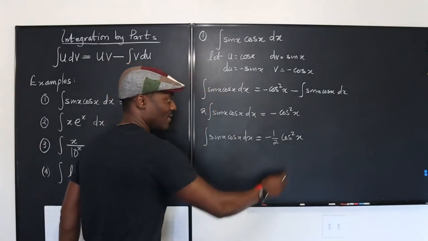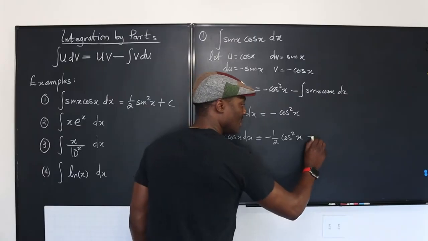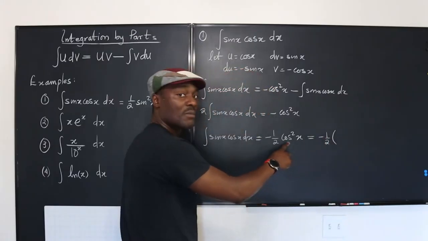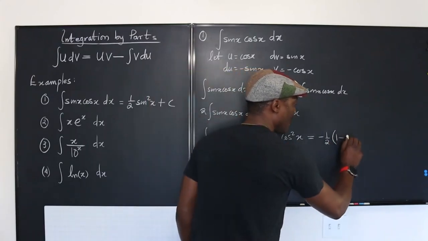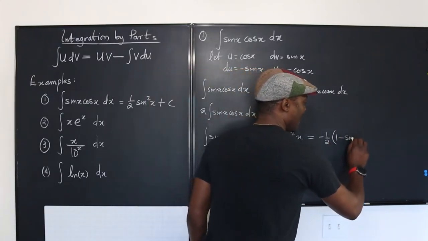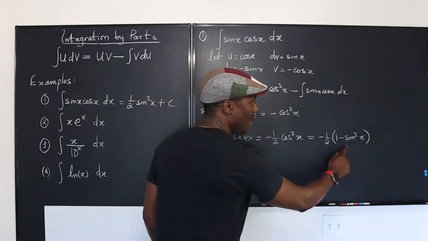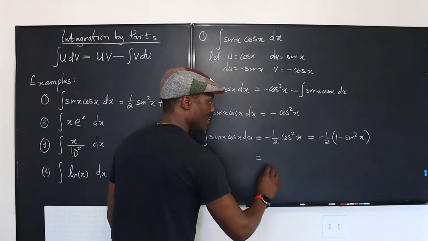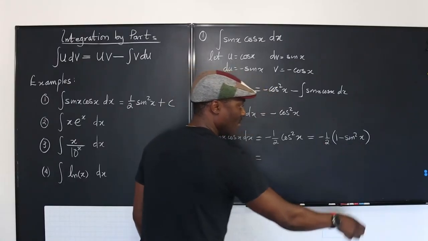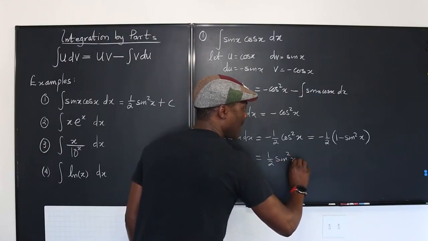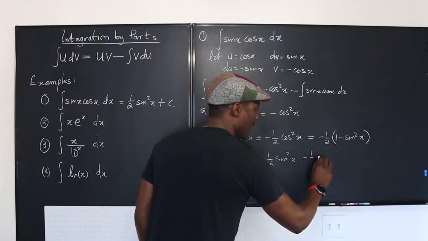Okay, so let's do the transformation of this. Remember, this would be the same thing as -1/2 times 1 minus sine squared x. Okay, now what do you see? -1/2 multiplies that, and this multiplying this gives you positive sine squared, so your answer becomes 1/2 sine squared x and minus 1/2.